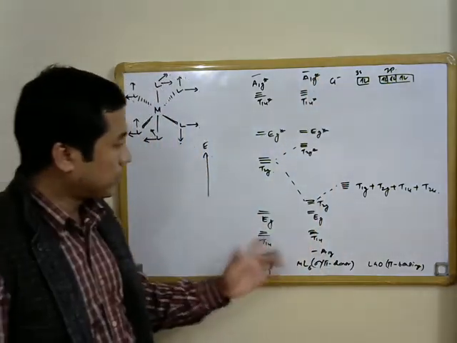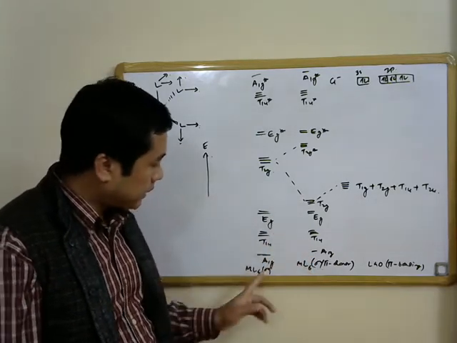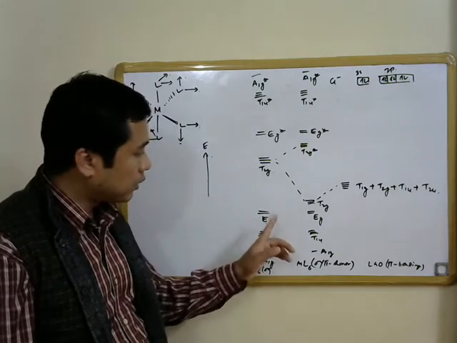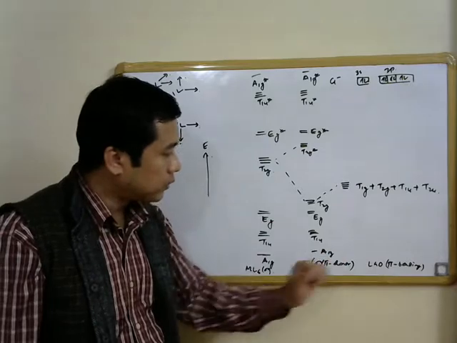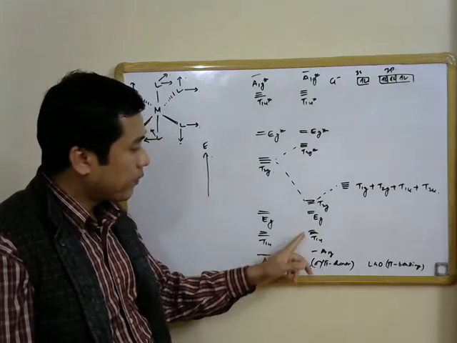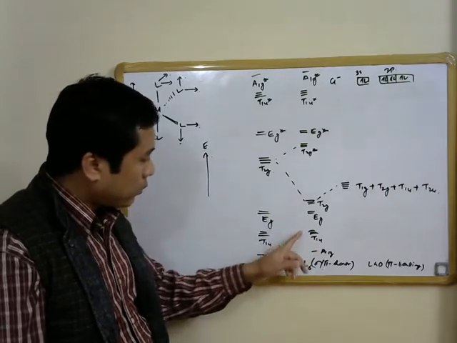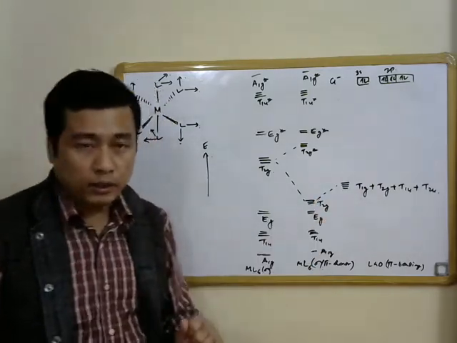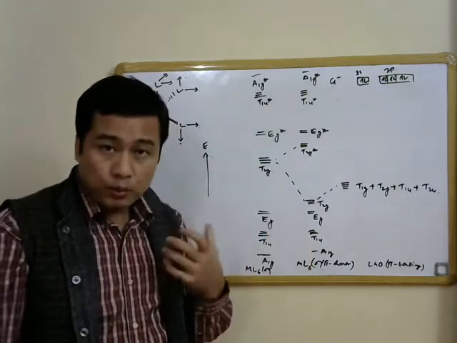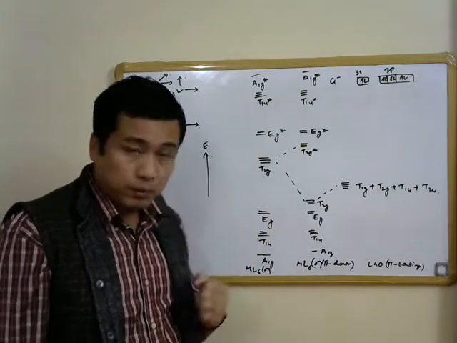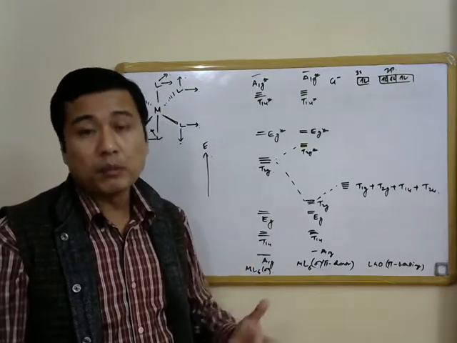We should also notice that there are molecular orbitals available in the ML6 complexes containing sigma bonds, which have similar symmetry with the ligand group orbital for pi bonding. That is, T1U is also available, but the interaction of the T1U molecular orbital over here with this ligand group orbital for formation of pi bonding is going to be less, because this orbital is already involved in sigma bonding itself.